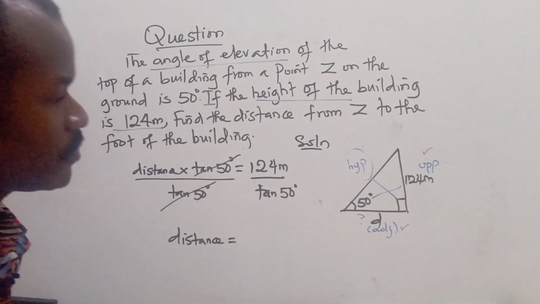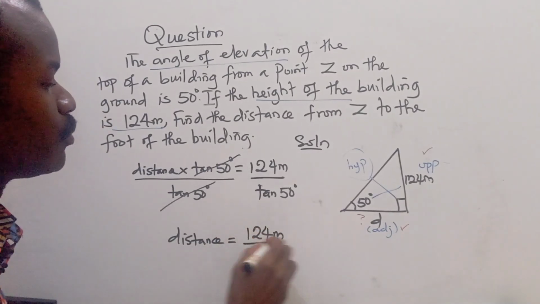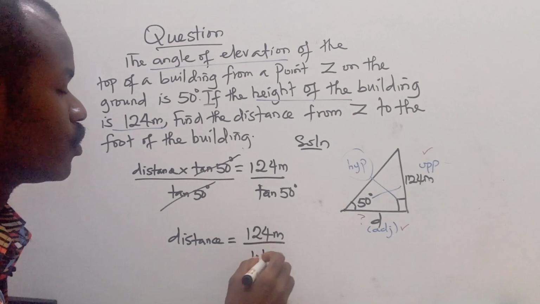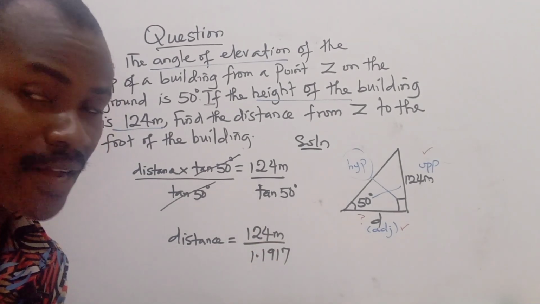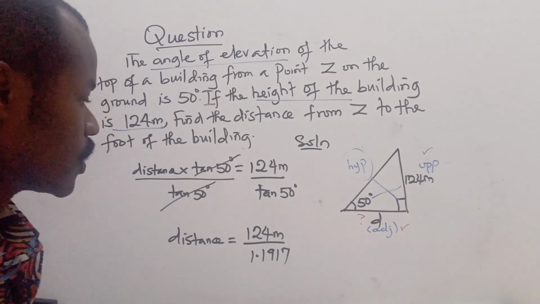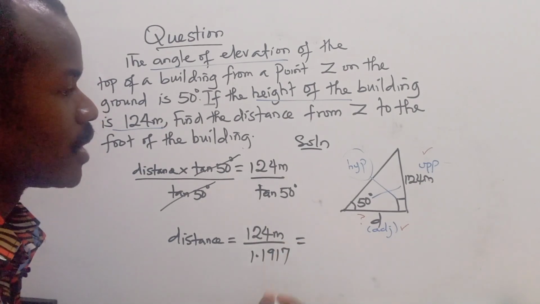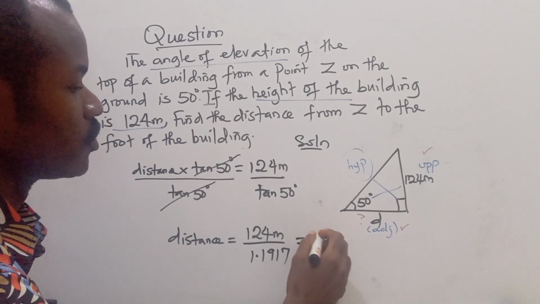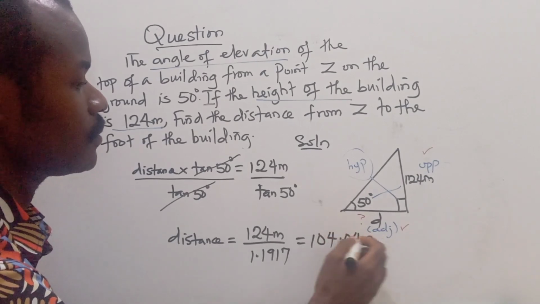Now for tan 50 degrees, you can enter that in your calculator. You're going to get 1.1917, or something of that nature. So if we divide with our calculator as well, we are going to get this distance, 104.048.